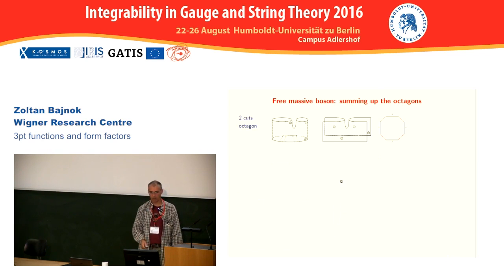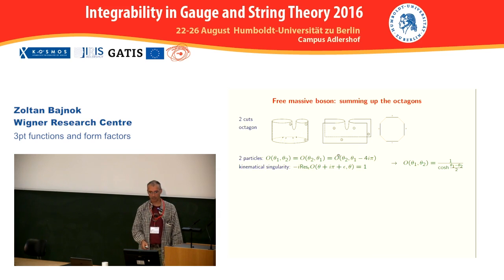So what we do now, we take this situation with two cuts, we take the octagon, and then you remember this octagon equation. Let me specify for the two particle states in string 3. So S matrix is 1, so if you exchange, you have the same function, and this function should be 4iπ periodic.